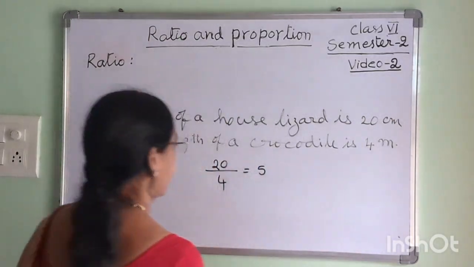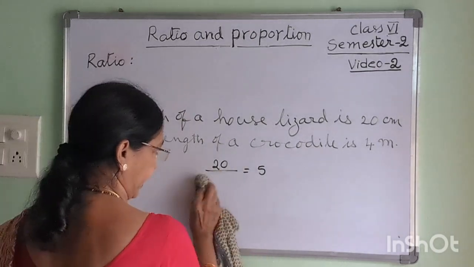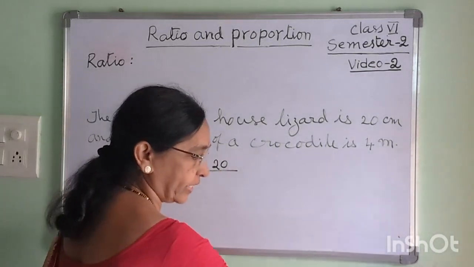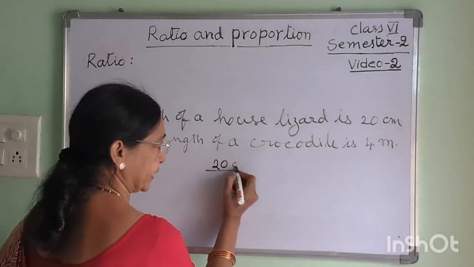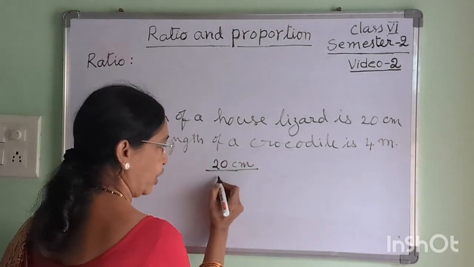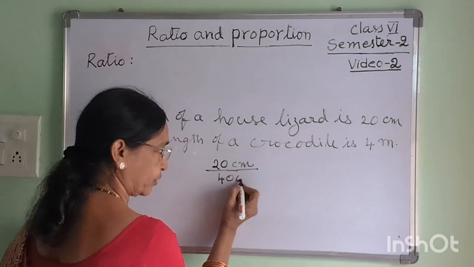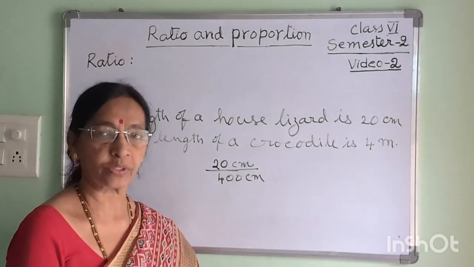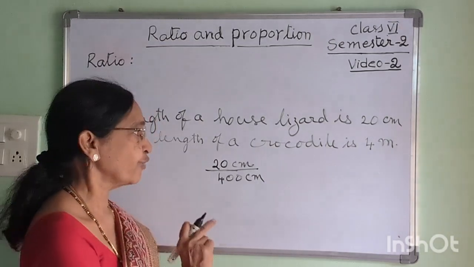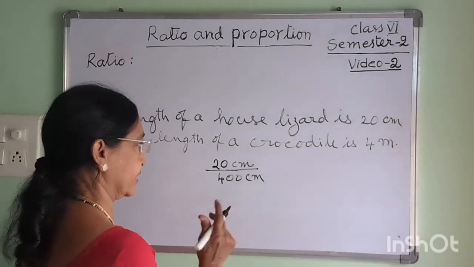Therefore, the ratio of the length of the lizard to the length of the crocodile is 20 centimeters by 4 meters, which is equal to 400 centimeters. Because 1 meter is equal to 100 centimeters, 4 meters is equal to 400 centimeters.